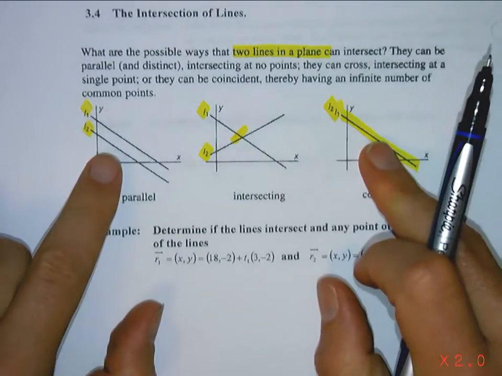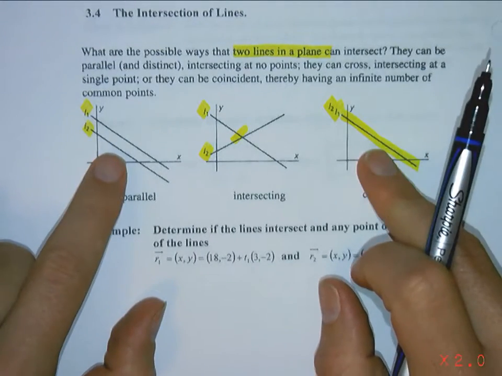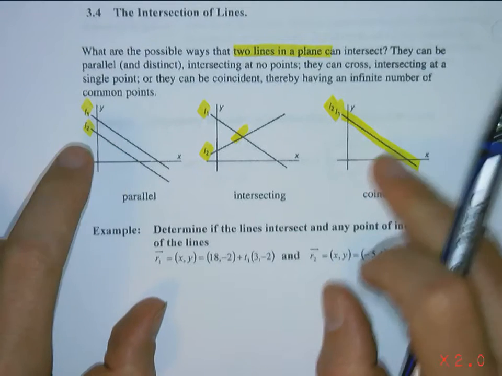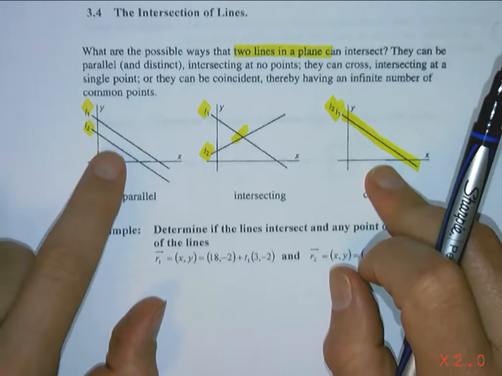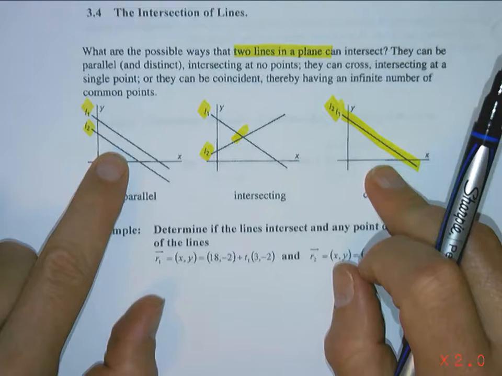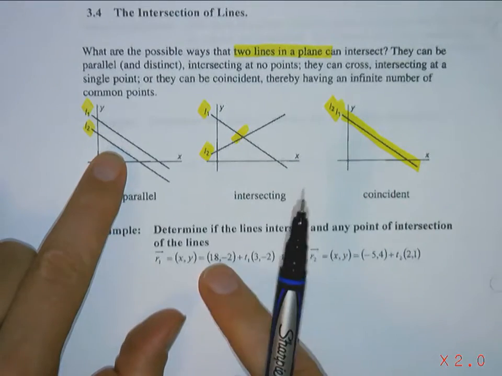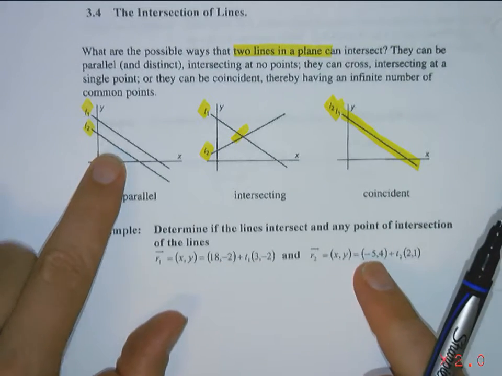If I take a look at the direction vectors, and if the direction vectors happen to be scalar multiples, then I know that I've either got this situation or I've got this situation. Now what I'm going to do is take the point of one of the lines, either this point or this point.